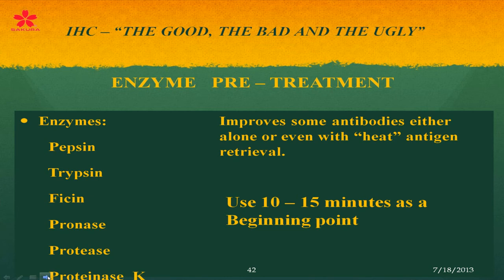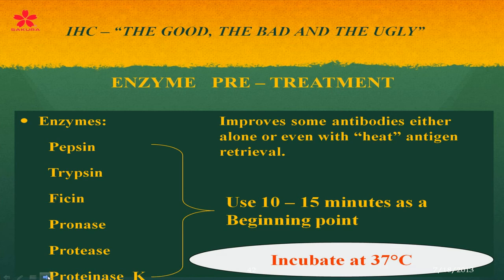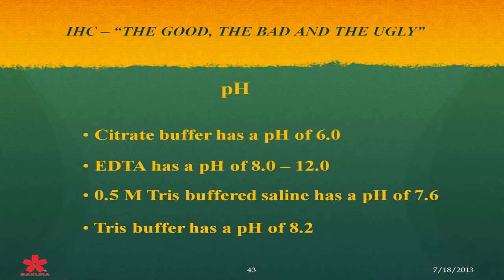Some of our pretreatments are enzymes: pepsin, trypsin, lysine, pronase, protease, proteinase K. You're going to use 10 to 15 minutes as a beginning point, and you're going to incubate at 37 degrees.